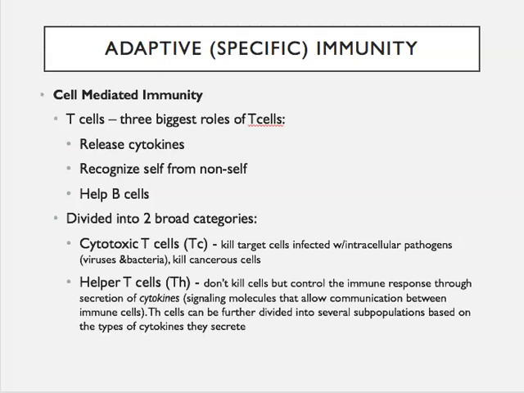Your helper T cells, they don't kill the cells, but they control the immune response through secretion of cytokines. Again, those are just signaling molecules that allow communication between the immune cells. The T helper cells get further divided into several different subpopulations based on the types of cytokines that they secrete. Okay.